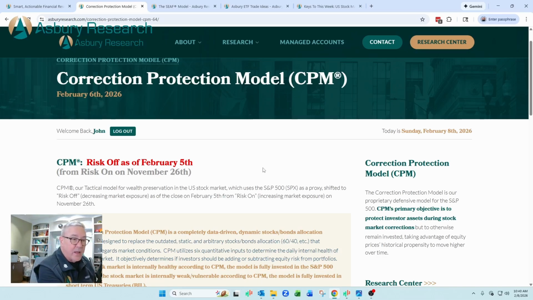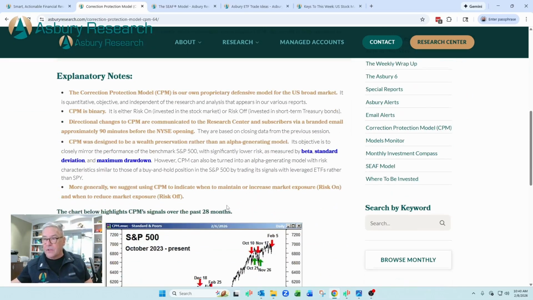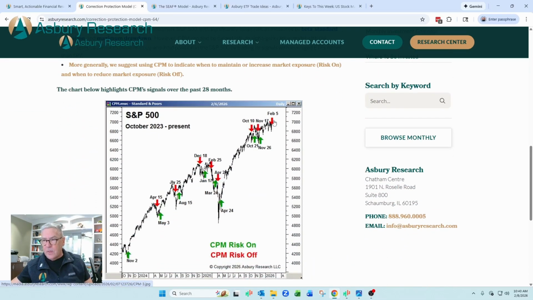So again, like I said, risk off as of 2/6. Let's look at the chart. So there's our risk off, and we'll see what happens next week. But again, heading into the new week, we are still risk off, despite the big day on Friday.